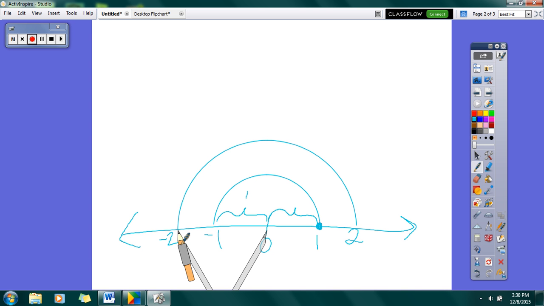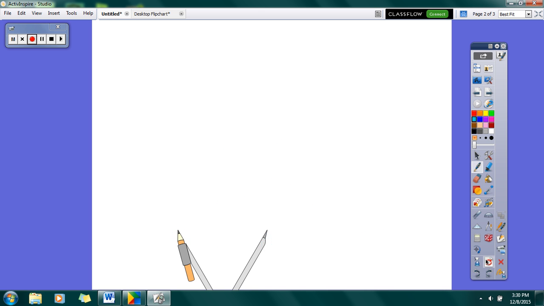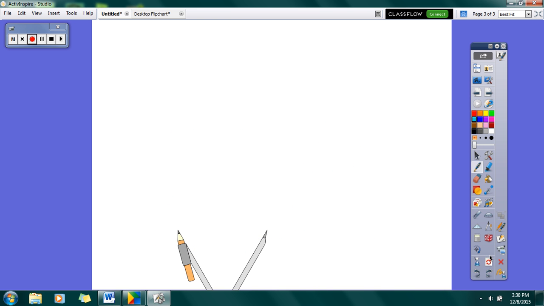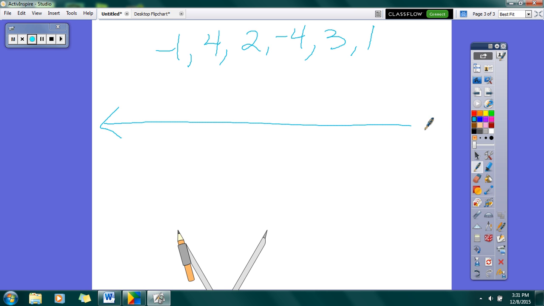So let's graph a couple points. I believe this was one of your homework questions. So let's graph a couple points here. Okay. Let's graph the homework question: -1, 4, 2, -4, 3, and 1. So the first thing I need to do is I need to make my number line.